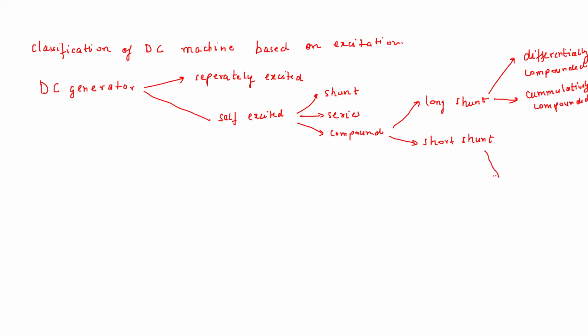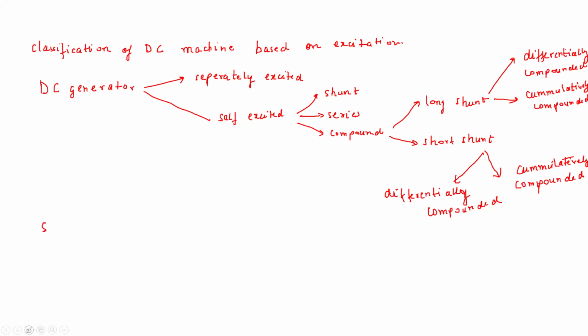Similarly, here also we have the same two categories, differentially compounded and then you have here also cumulatively compounded. Okay. So now let us start with the separately excited DC generator.